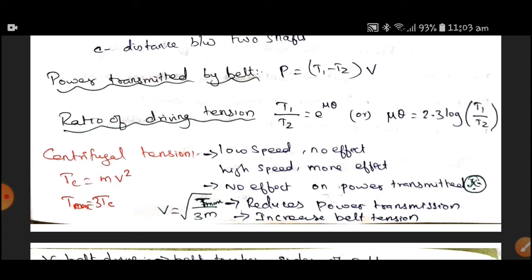Maximum tension is equal to 3 times of centrifugal tension, and it will produce no effect on power transmission. It is very important one, and it reduces the power transmission, and it will increase the belt tension, where velocity V is equal to square root of T max by 3m.